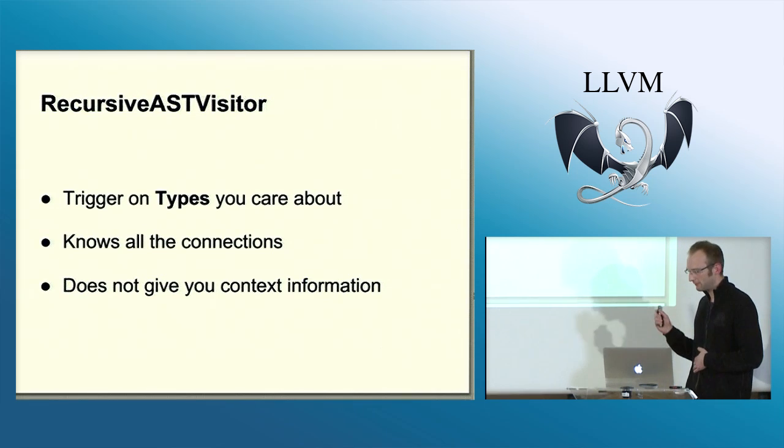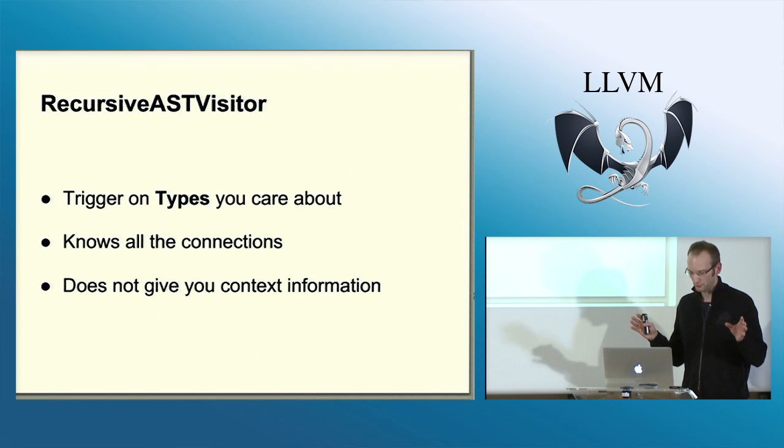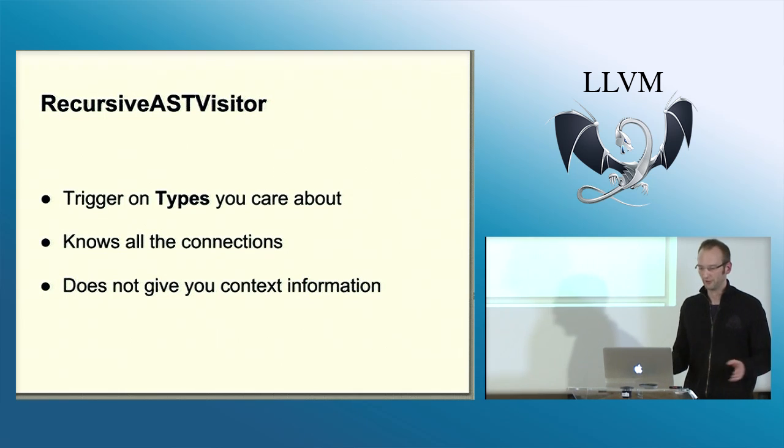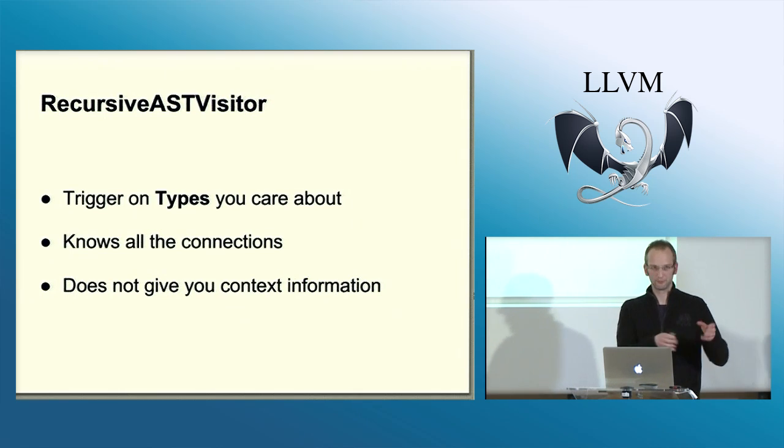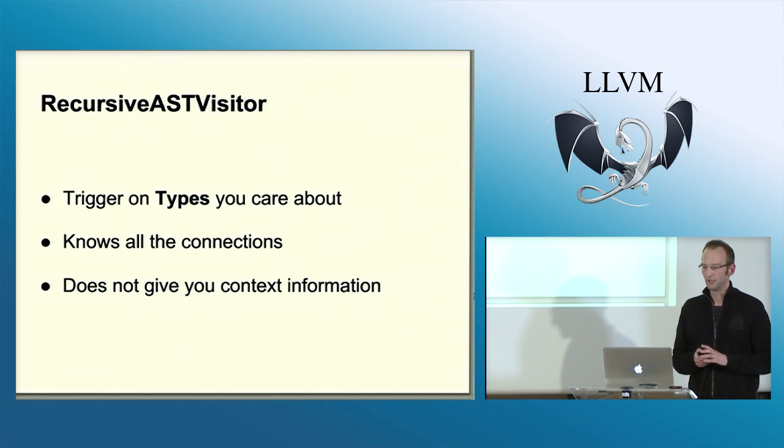So in the beginning, we saw there is no common interface to traverse the AST by having a common base class, but you need to know all the methods you need to call.